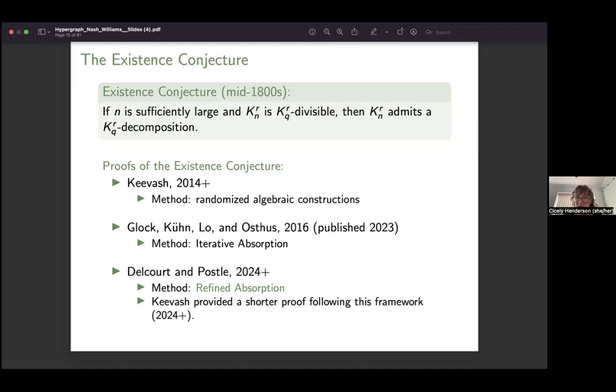And recently in 2024, Delcourt and Postle provided a proof using a methodology that they call refined absorption, which is the framework that we use for our results that I'll talk about later in this talk. So keep that in mind. And again, Keevash provided an even shorter proof following this framework also in 2024. So now a wealth of proofs of the existence conjecture.